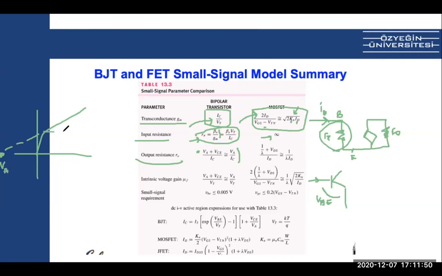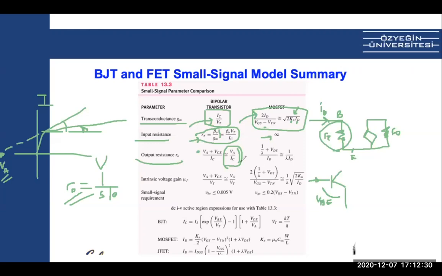I drew it really badly, sorry. So it shows the slope. If this VA is big, the projection will be very high, so this slope will be small, and that means the resistance will be big because resistance is 1 over that slope. So if VA is big, R0 is big, which also shows here.